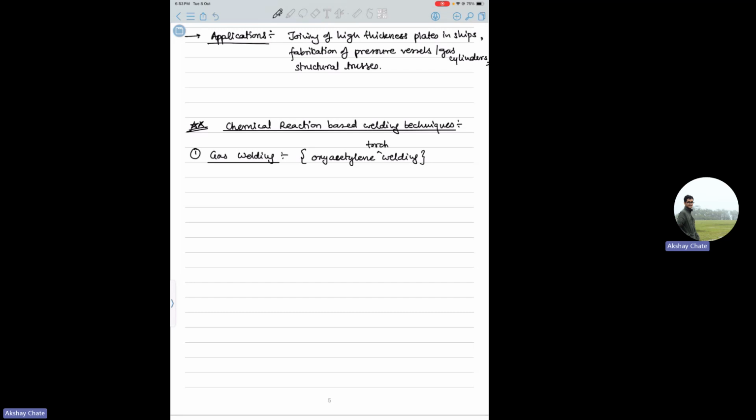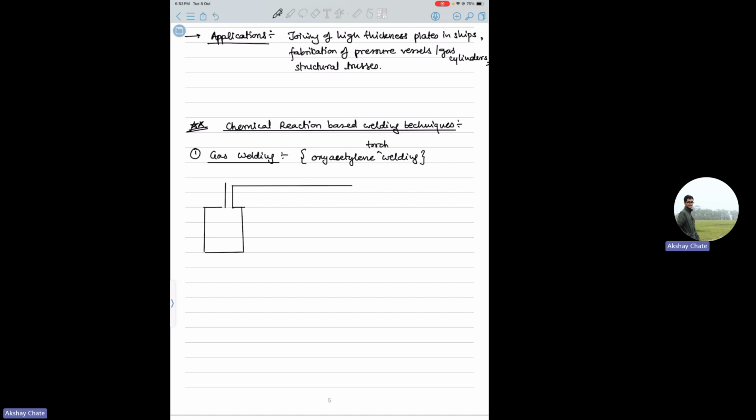Here you can just see that you'll have two gas cylinders like this. One will be supplying oxygen, because for generating flames you are basically doing combustion and you need oxygen.